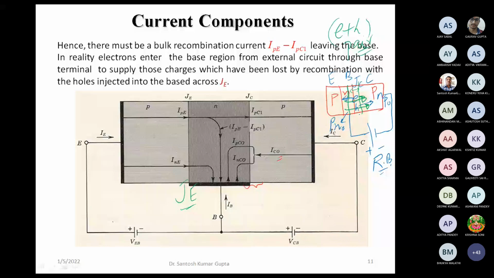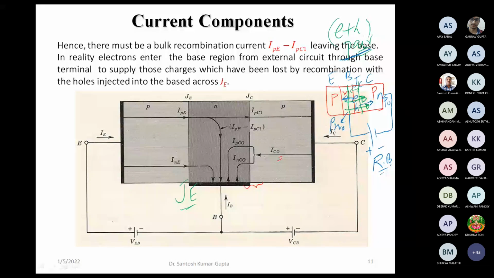We have seen this. So the electron hole pair generation and these minority charge carriers, if they come under the influence of the electric field present in the depletion region of the collector, are swept across.